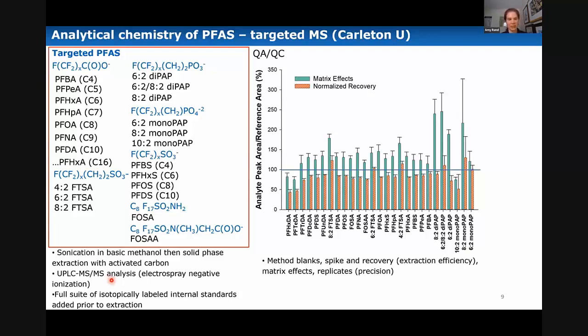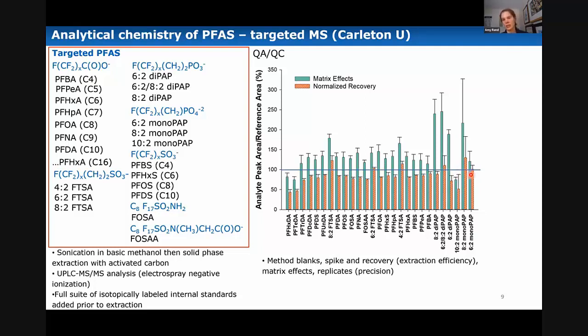We used labeled internal standards. And we coupled all of the analysis of samples with QA/QCs: method blanks, spike and recoveries, matrix effects, as well as replicates. The importance of labeled standards really came into play because we noted enhanced matrix effects for many of our analytes.